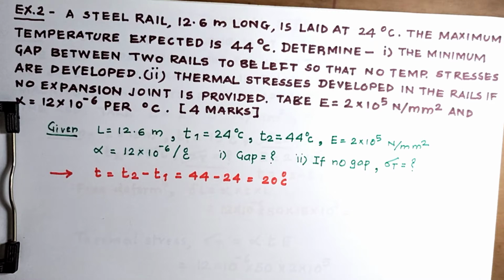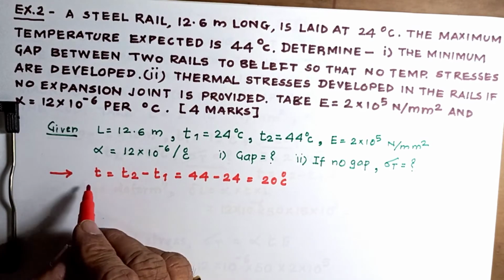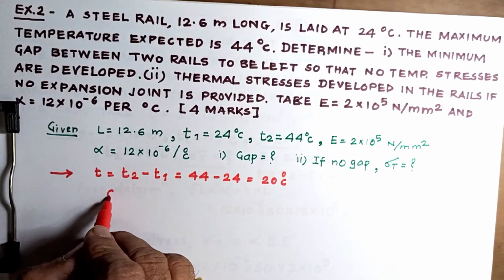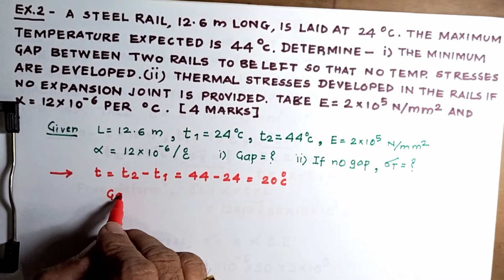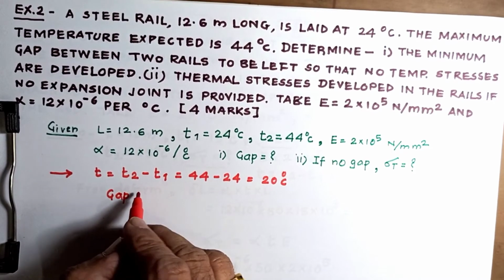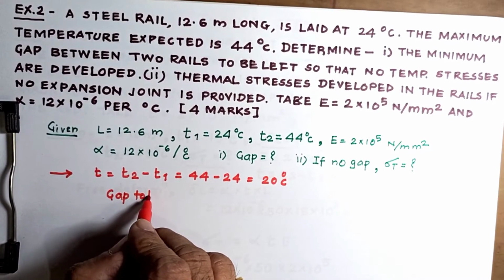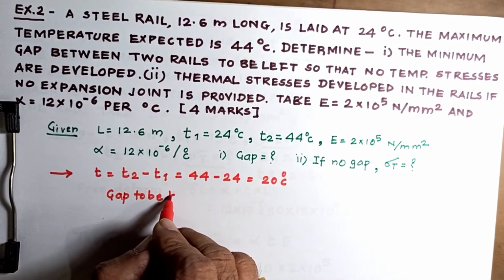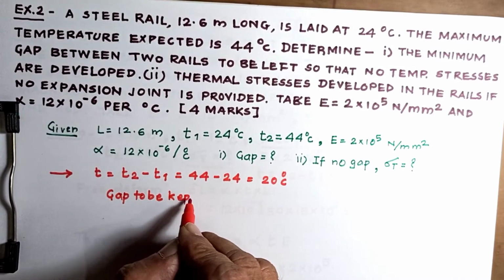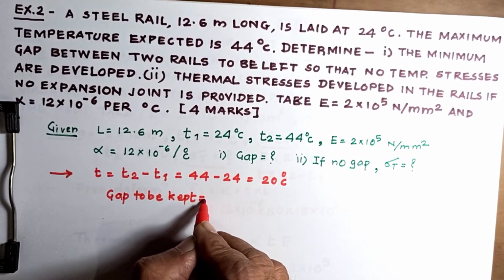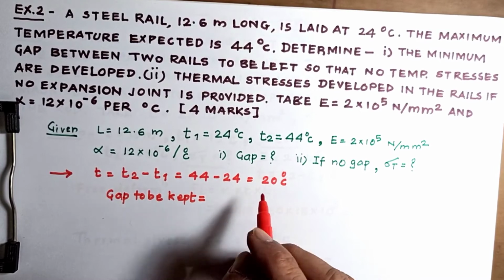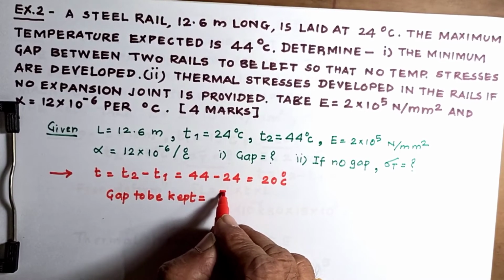So if you keep that gap, whenever there will be free expansion, the gap will be filled and no stresses will be induced. So I will say the gap to be kept in between two rails must be equal to free expansion of the rail.